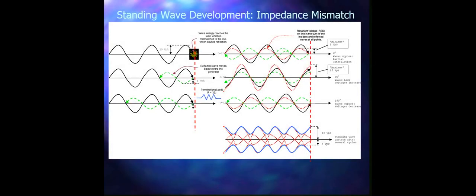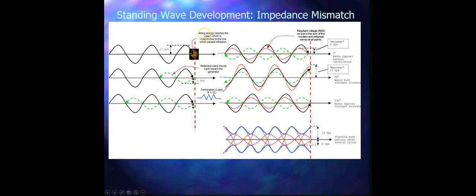Now the next slide. This slide explains the standing wave development and how standing waves are made when the impedance mismatch occurs. On the left side we see the incident wave going to the load side, and here it sees a mismatch.